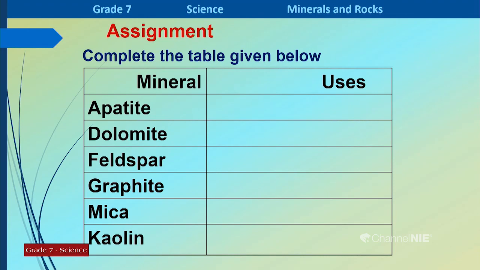I have given you 6 minerals there: apatite, dolomite, feldspar, graphite, mica and kaolin. Then they have different uses. For example, when we think about apatite, it is used to produce fertilizers. That is the use. In the same way, you have to complete the table after the lesson, right?